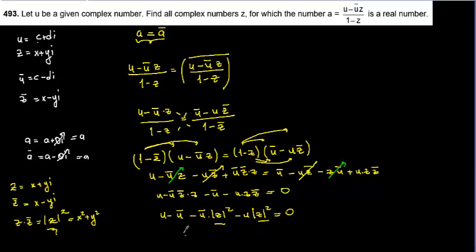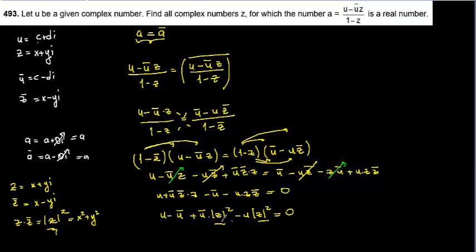I'm going to simplify this one. I'm going to take the common term out in parentheses. I think I made a mistake, this is going to be plus u conjugate z, yes, this is going to be plus. And then one of them is minus, one of them is plus. This one came from the other side, that's why this is going to be minus.